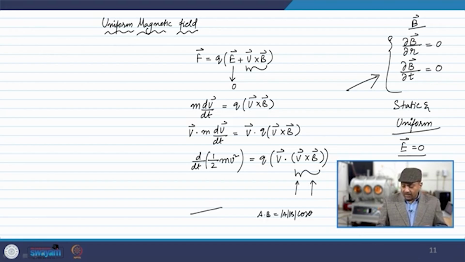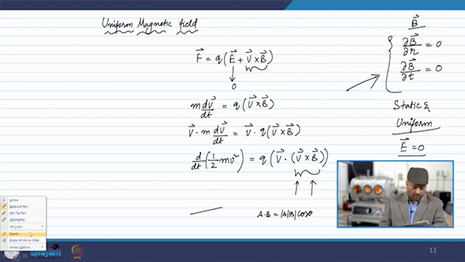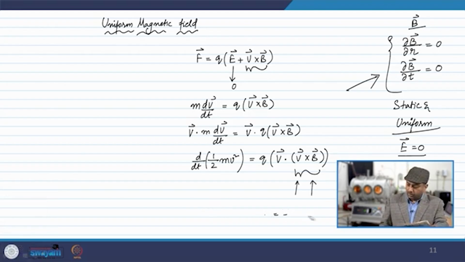So, if the angle is 90 degrees, the dot product would be 0. The result of v cross B will be a vector, but it will obviously be perpendicular to v. When you take this dot product, it will be 0. This is a simple vector identity, we use it quite often in physics.